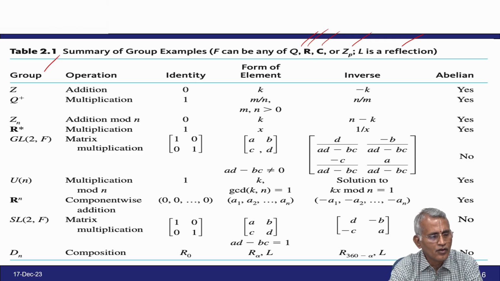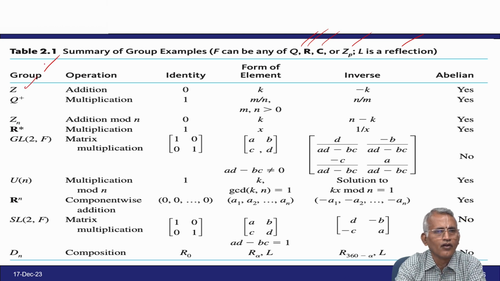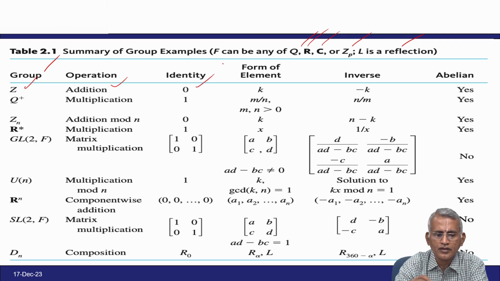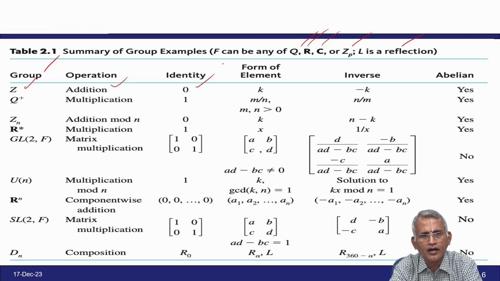So, how to do that? You start with Z. Z is the set of all integers. The operation is addition, and with addition the identity is 0, and an element is k, and then minus k is the inverse of that k, and it obeys the abelian property that a plus b equals b plus a.